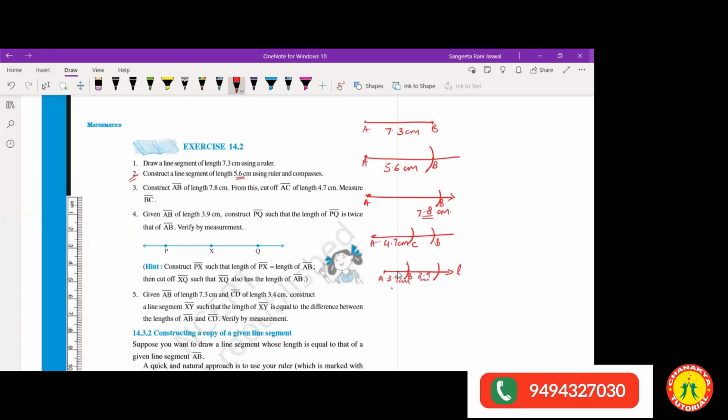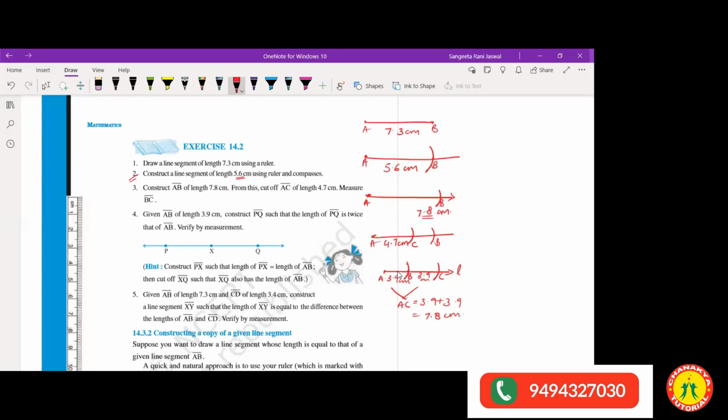That means this line from A to C will be 3.9 plus 3.9, which means this is 7.8 centimeters. You understood this? Yes, ma'am. So this line is now double of this. Yes, Devesh.